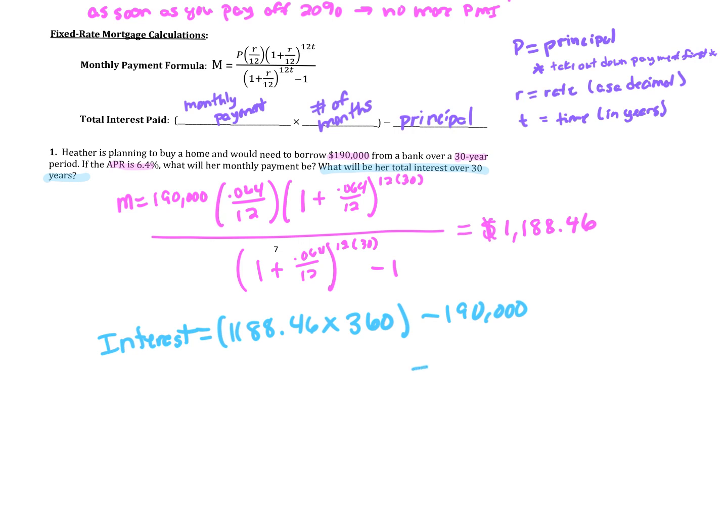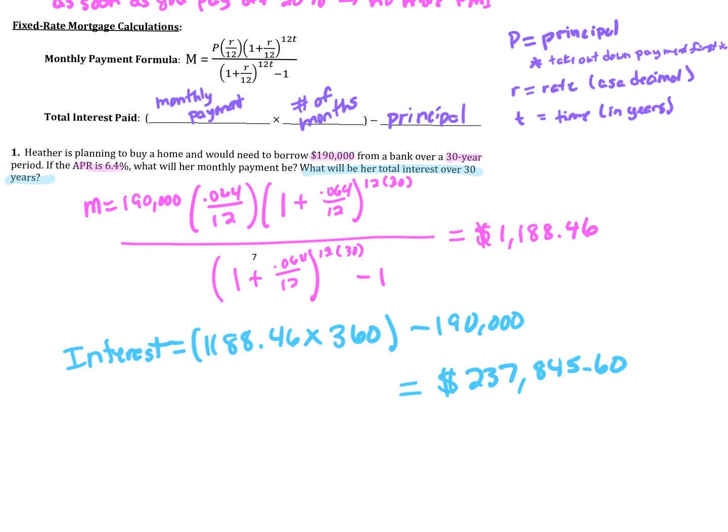And that gets you $237,845.60. So the house is 190,000 and the interest is 237,000. So guys, that's a very realistic thing. If you think about that, you're paying way more interest than the actual value of the money that you're borrowing.